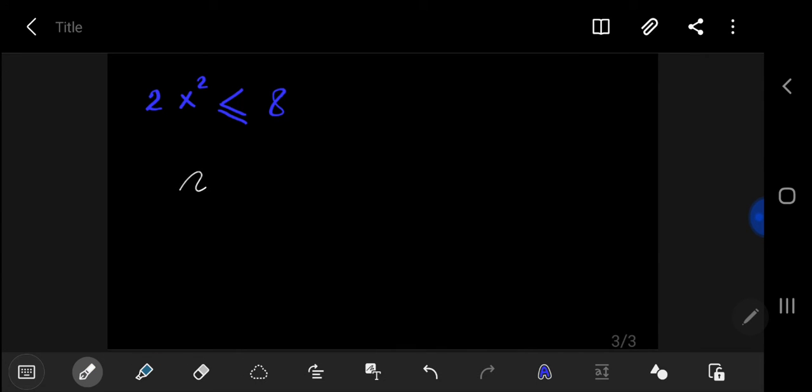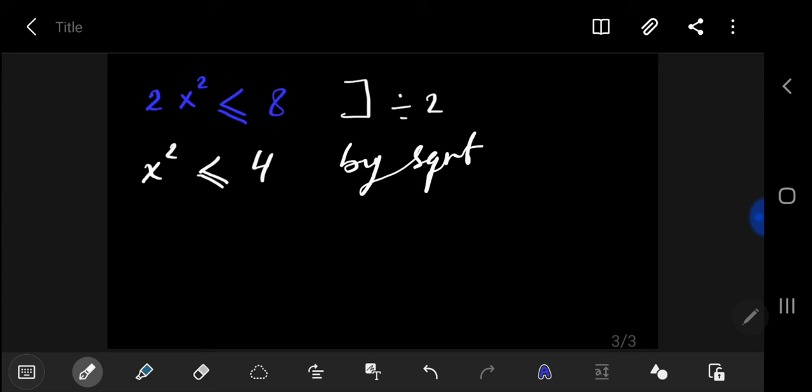Here I will divide the whole inequality by 2: 2 over 2 x squared smaller than or equal to 8 over 2, which is 4. So x is between plus and minus 2.